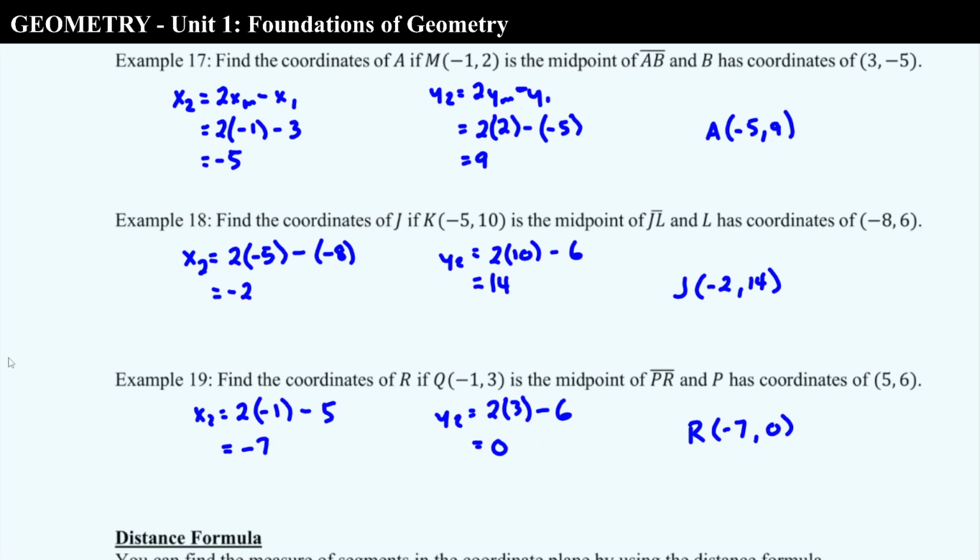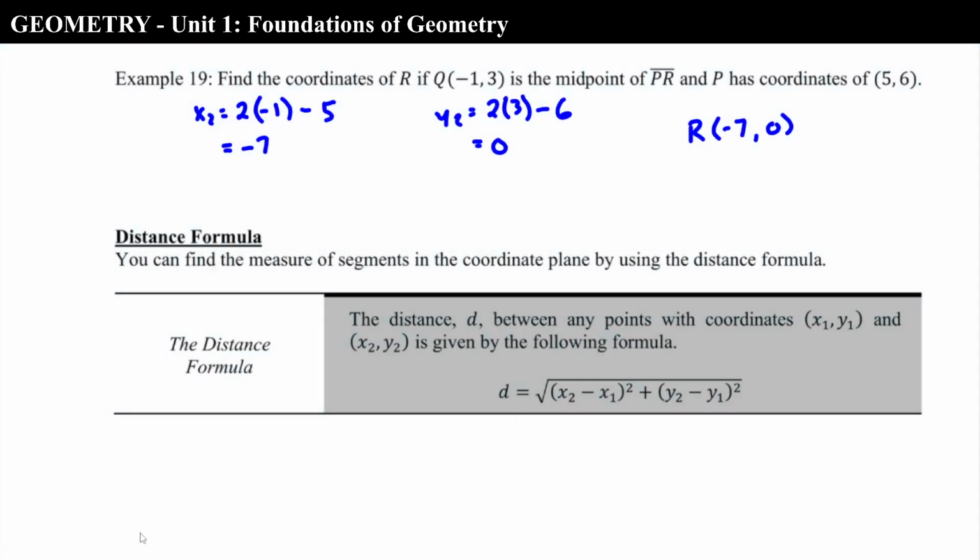All right, last thing we want to go over in this section, distance formula. So we can find the distance between two endpoints, or the length of a segment, using the distance formula, okay? And that is presented here. And you'll get into more as to where this comes from.